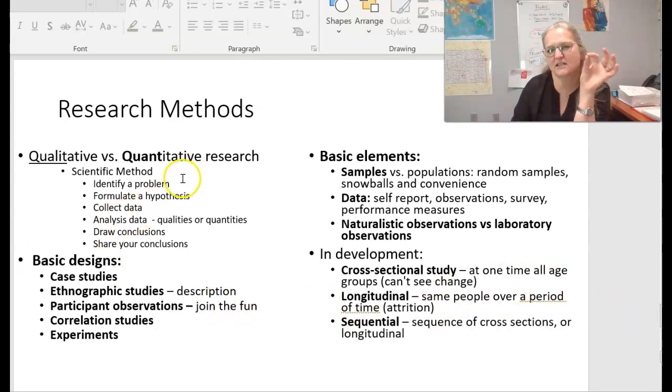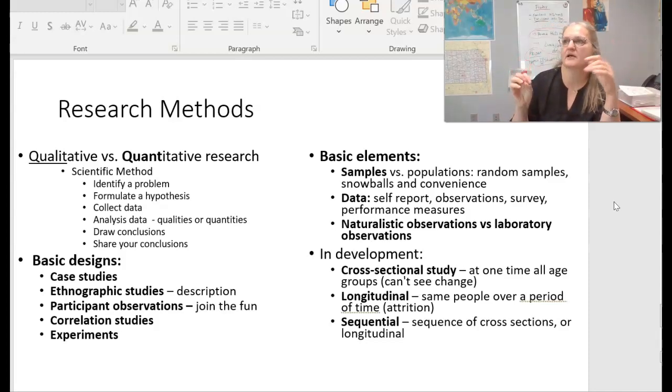We've already talked a little bit about qualitative versus quantitative. Qualitative research is where I'm measuring the qualities of something, right? So I'm measuring how big something is, or how small something is, or how dense, or I'm measuring some sort of descriptive factor.